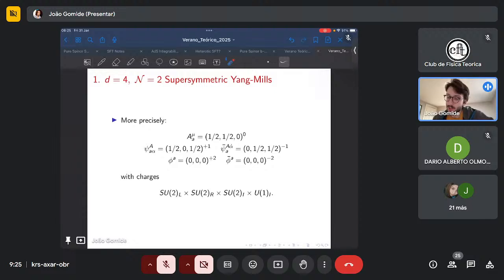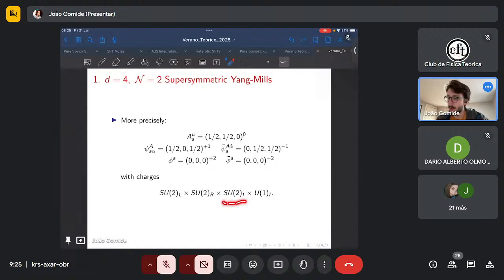So this is just more explicitly the set of states we have, and how they transform under the different charges, global symmetries of the theory. In particular, I want to stress that we have this internal symmetry here, which is called R symmetry.